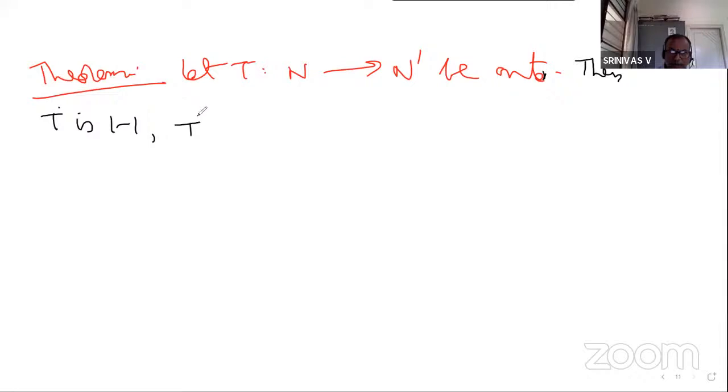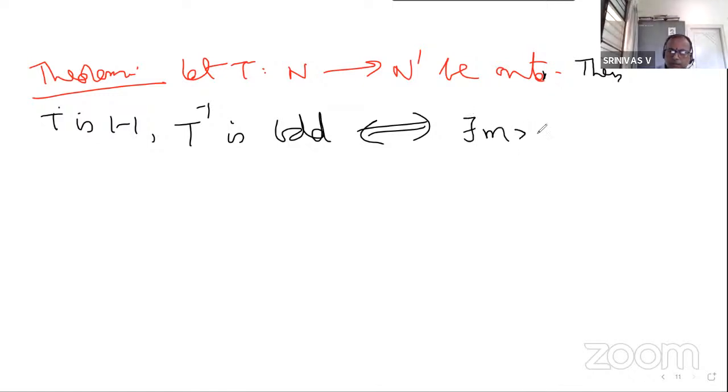In the exam, you have to write fully, if and only if there is a positive constant m, there is m greater than 0, such that m times norm x is less than or equal to norm Tx for all x in N.